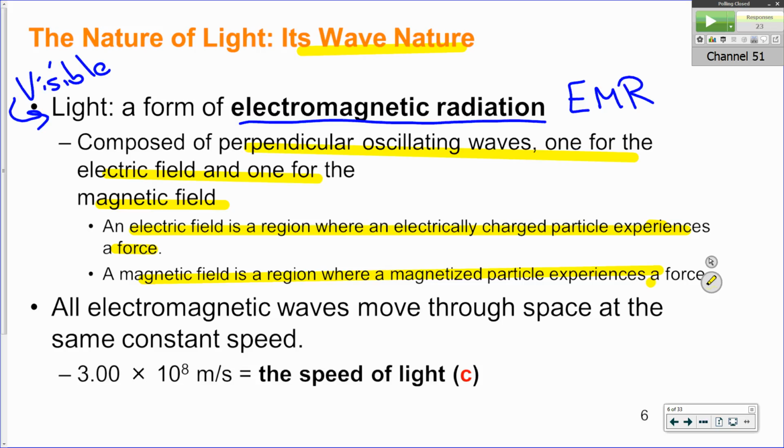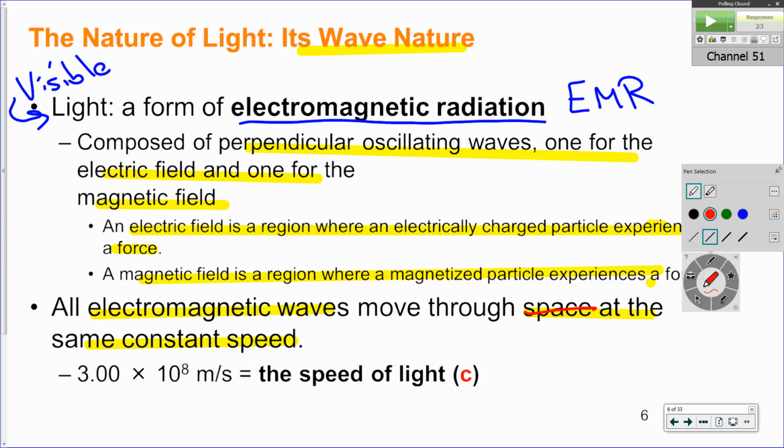And the thing that we think we understand about all electromagnetic radiation, we haven't disproved this yet, is that all waves move through space at a constant speed. More properly, this should say they move through vacuum. If there's matter there, light slows down.